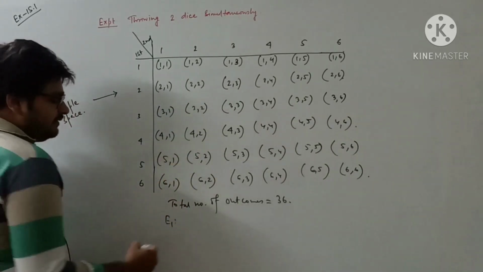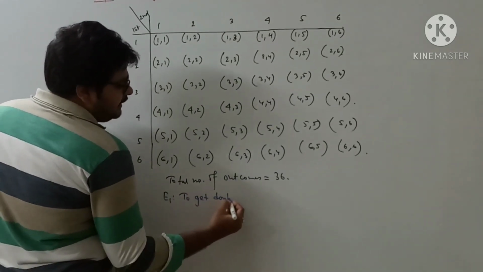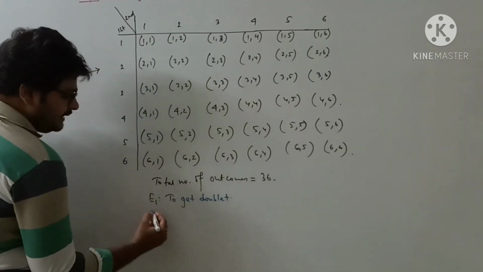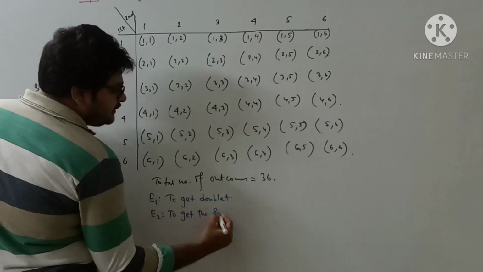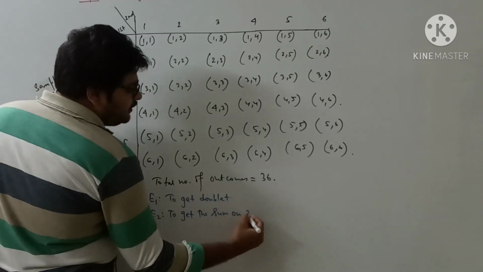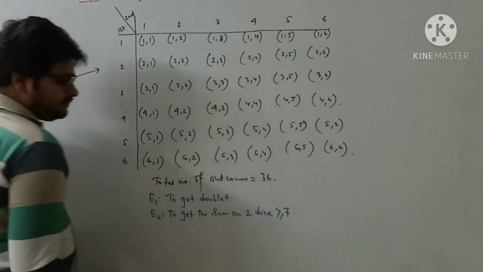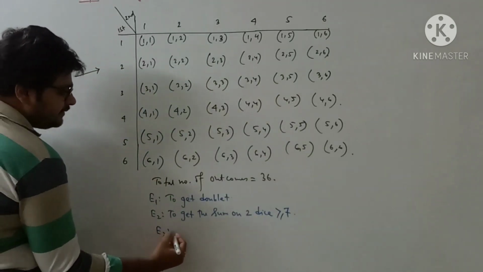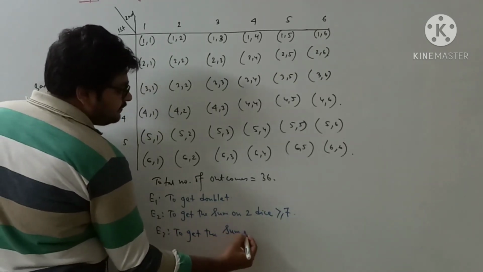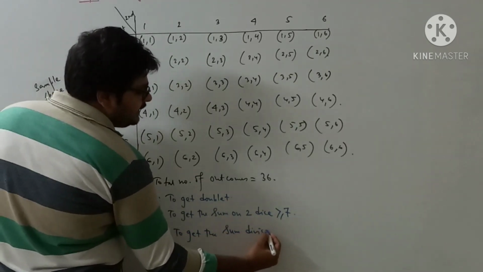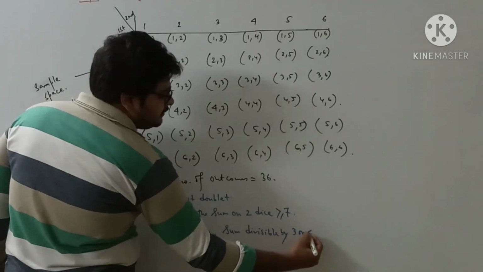Suppose I give you these events: event 1, to get a doublet; event 2, to get the sum on 2 dice greater than or equal to 7; event 3, to get the sum divisible by 3 or 4.